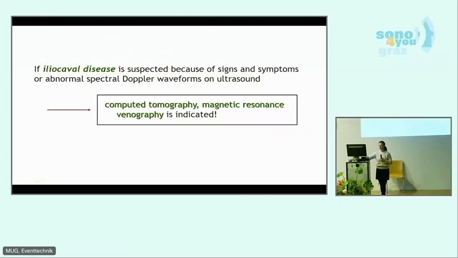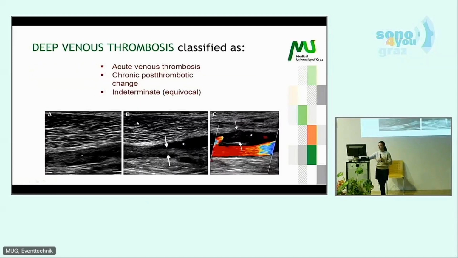When we see the thrombus in the vein and we look a little bit above the inguinal ligament and think that there is iliocaval disease also, we are then going to do the CT first, and MRI for whoever has money, so we don't do it normally in emergency. So we do CT.